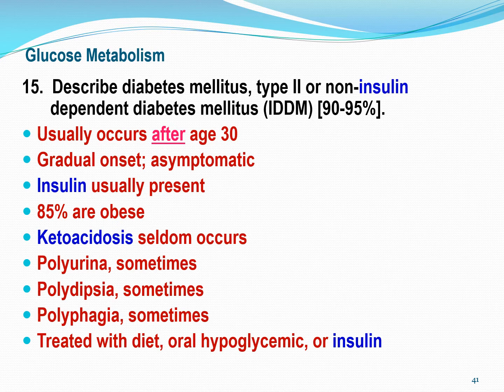It's a gradual onset, and sometimes it can be asymptomatic at first. Insulin is usually being produced and present, but you can get to the point where the insulin is just not working anymore. It's like you're insulin resistant. 85% of the people with type 2 diabetes are obese. Ketoacidosis seldom occurs. You have the rest of the polyuria and the rest sometimes, but it can be reversed and treated with diet.